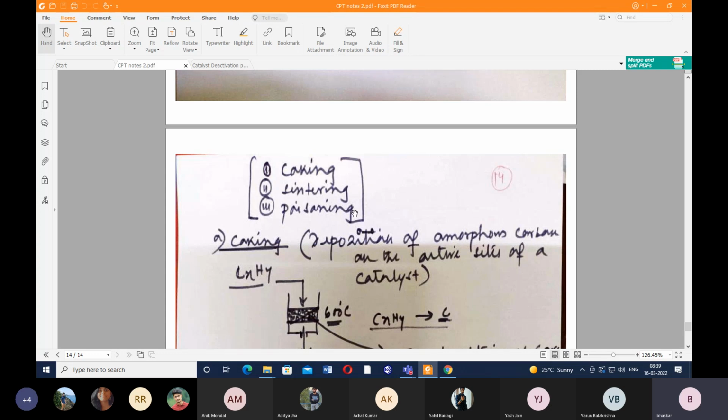Before coking, what is poisoning? Poisoning means I am handling a feedstock, and that feedstock will be passed through a reactor bed. As a result, from the outlet we will be collecting the desired or desired plus undesired product, if any. But in a real life situation, if you are handling a feedstock that is impure, that means it contains sulfur, arsenic, chlorine containing impurities, and some other impurities also, then this will poison the catalyst.